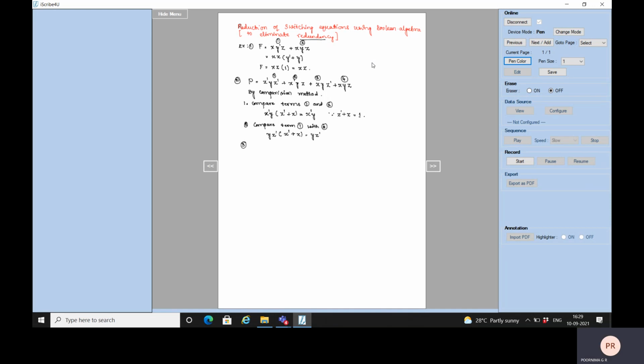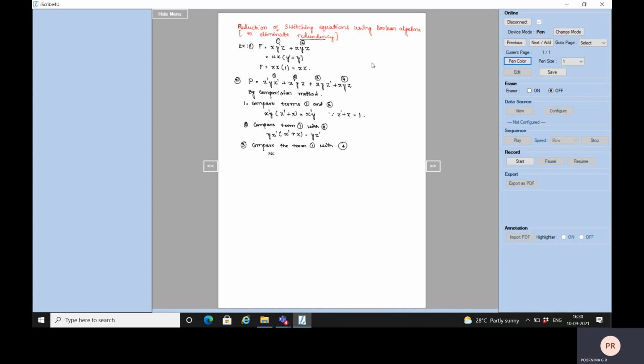In the next step of the comparison method, compare term 1 with 4. After the comparison of x bar y z bar with x y z, there are no two common variables which can be removed out and the Boolean law cannot be applied.